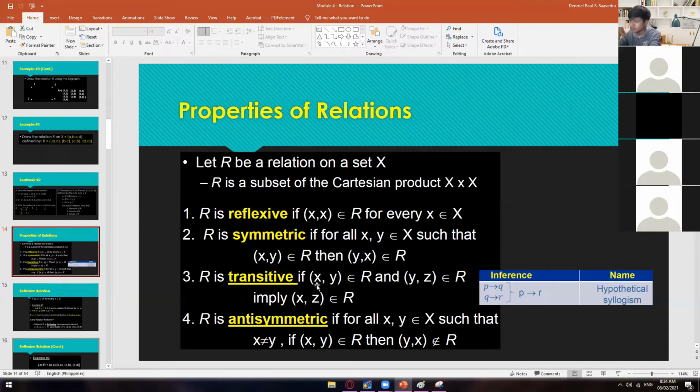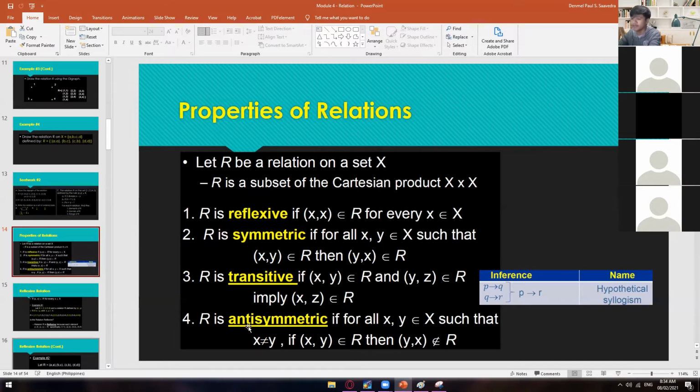So once you see this x, z ordered pair, then you can see that they are transitive. But if there is one element that doesn't have this x, z, then that is not transitive anymore. Anyway, we're going to have more examples for this later on so that you will understand this more.